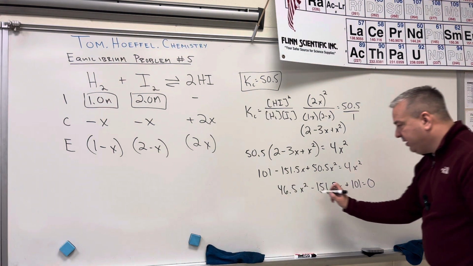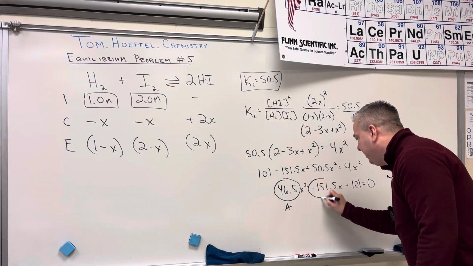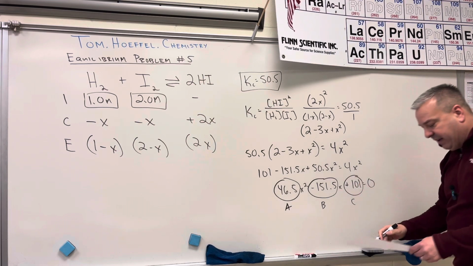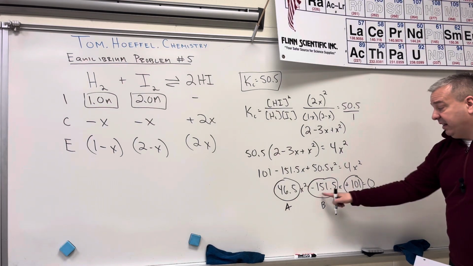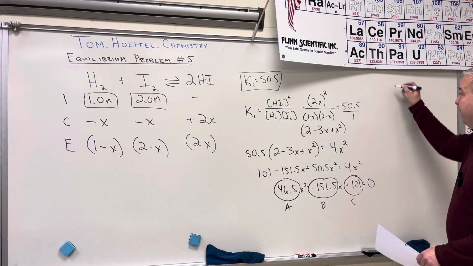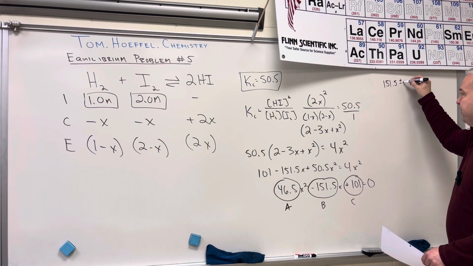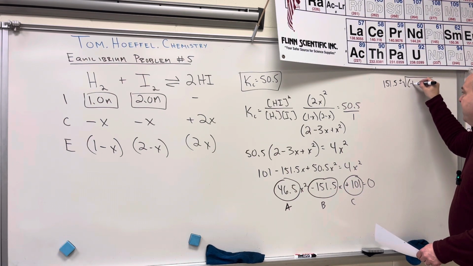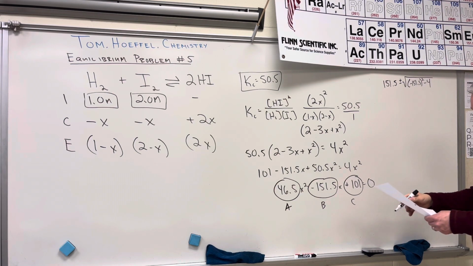So we are going to use the quadratic equation. This is going to be your A value. This is going to be your B value, and this is going to be your C value, okay? And when we plug that into the quadratic equation, remember, it's going to be negative B, and a negative of a negative 151.5 is going to be a positive 151.5 plus or minus the square root of B squared, which is negative 151.5 squared, minus 4AC.